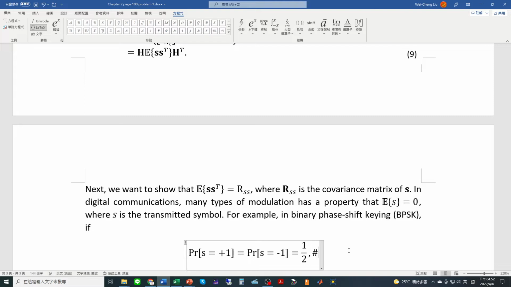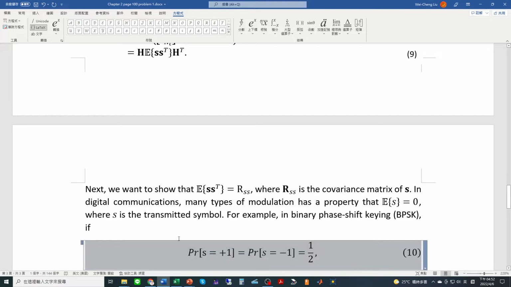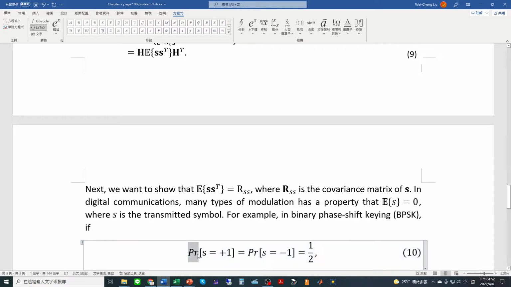Okay, this is equation 10. Okay, probability. And this is also the probability.